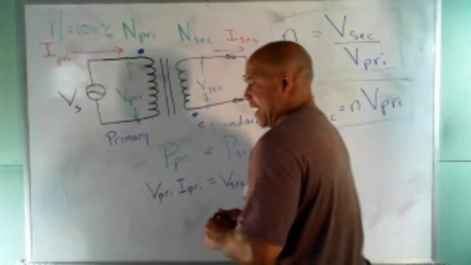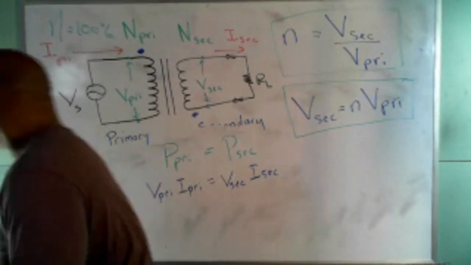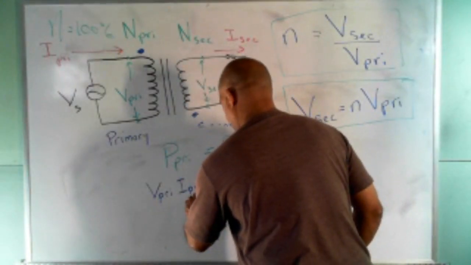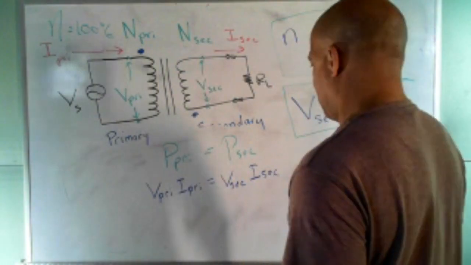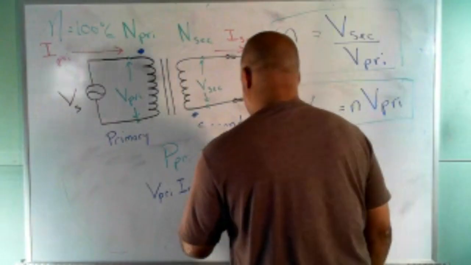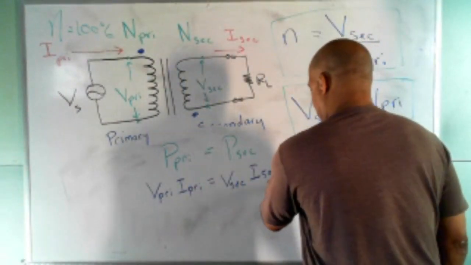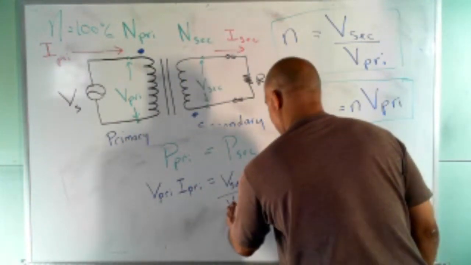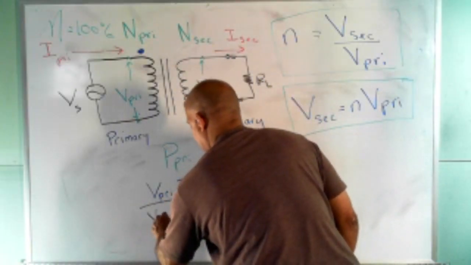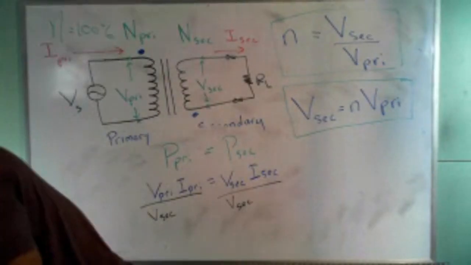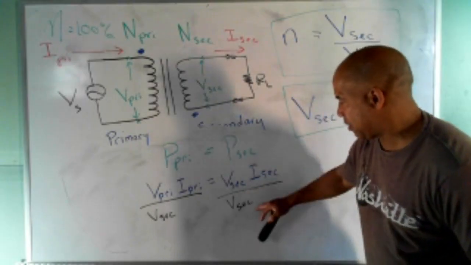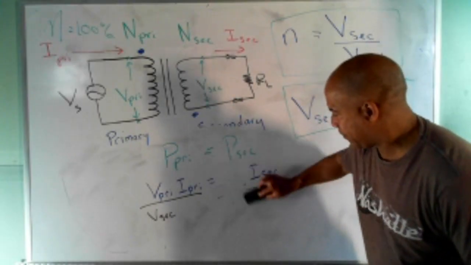So I'm going to divide this side by V sec, and I'll divide this side by V sec. And then V sec over V sec cancels, so I can get rid of that.